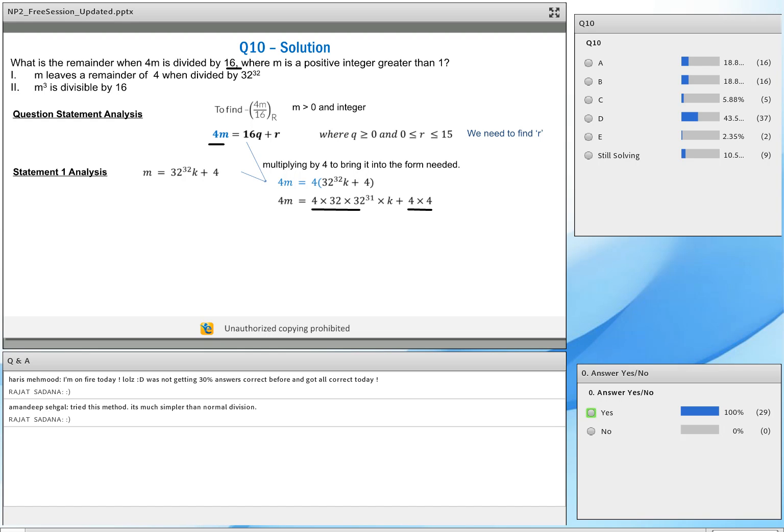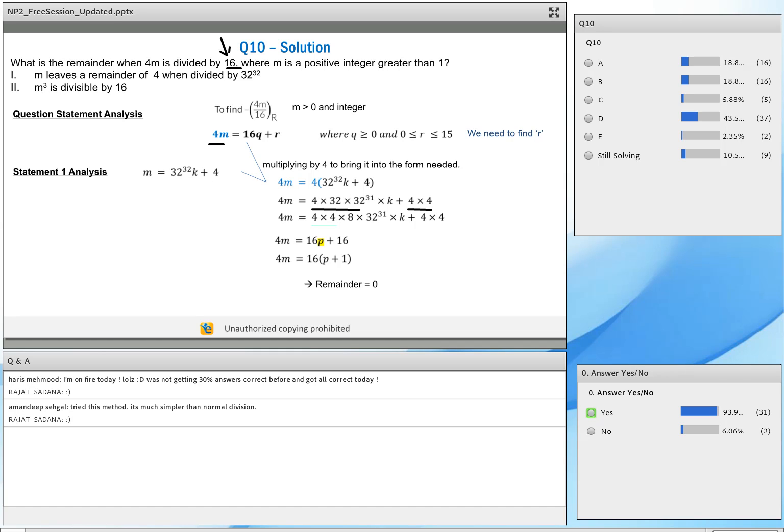And when you look at these two terms, you realize both these terms are actually divisible by 16. And hence, the remainder is 0. So we know when 4m is divided by 16, the remainder is 0. So statement 1 is sufficient.